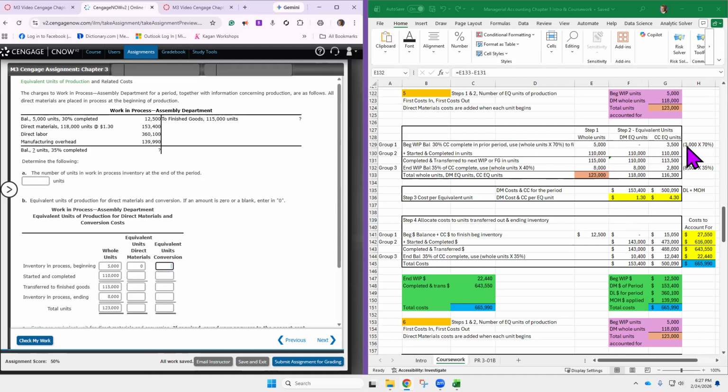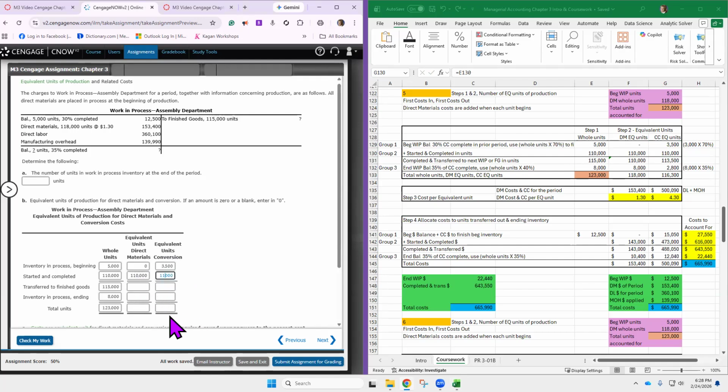So 5,000 times 70% should equal 3,500 here. Okay, so the nice thing about started and completed is you just pick it up and put it back down again. Now you just add.